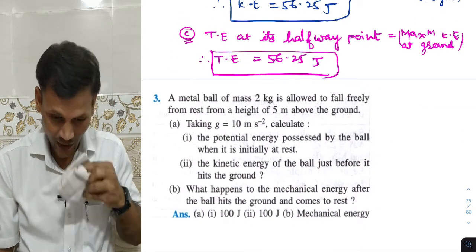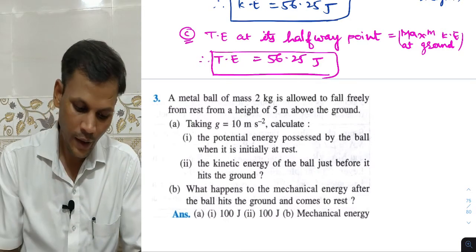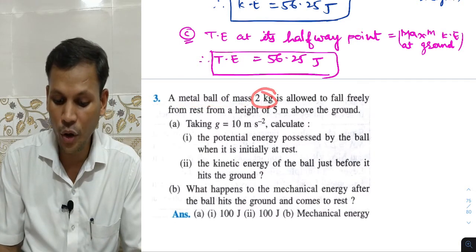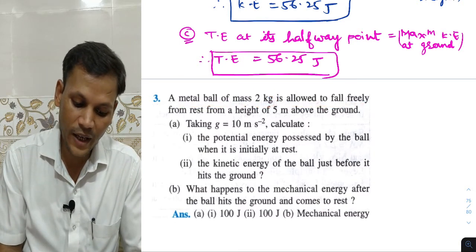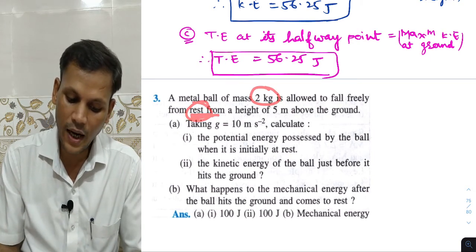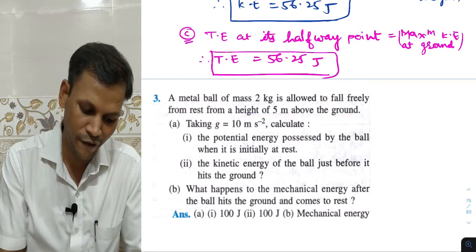Now third sum. A metal ball of mass 2 kg is allowed to fall freely from rest, means u is 0, from a height of 5 meter above the ground. So just we can draw the diagram for it.